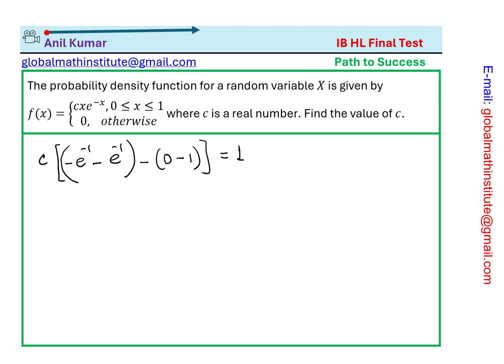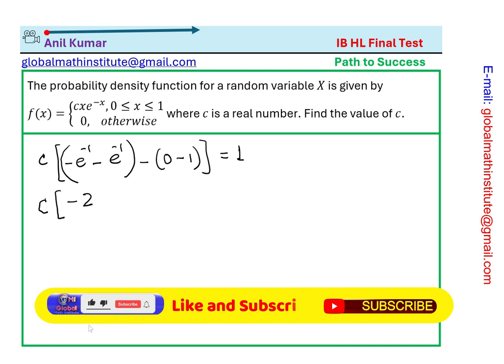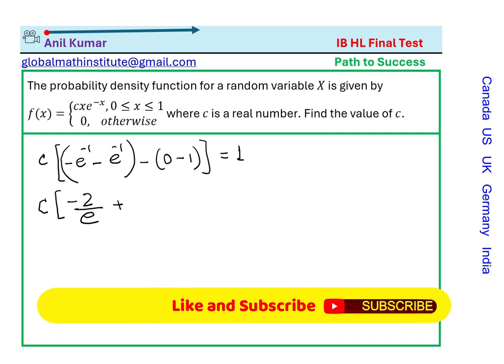So that gives you c times minus 2 e to the power of minus 1, which I can put in the denominator, and this minus minus becomes plus 1, equals 1.